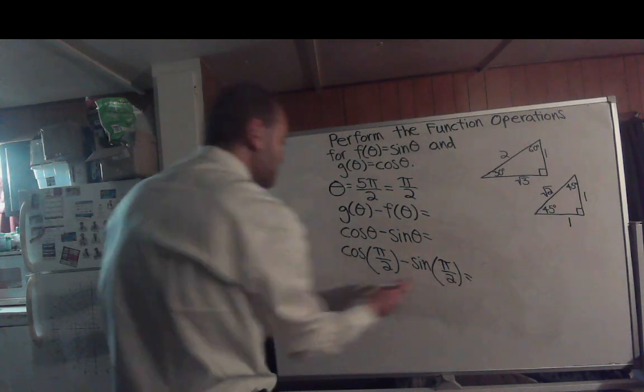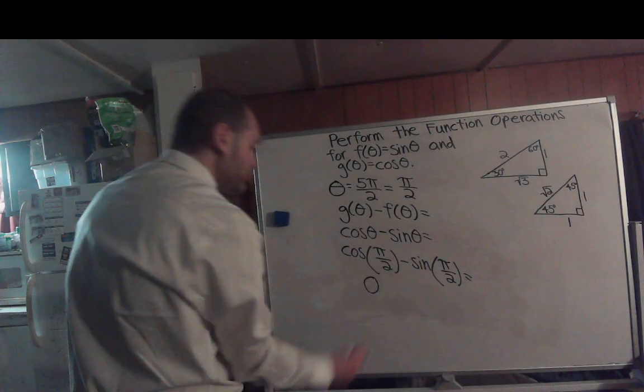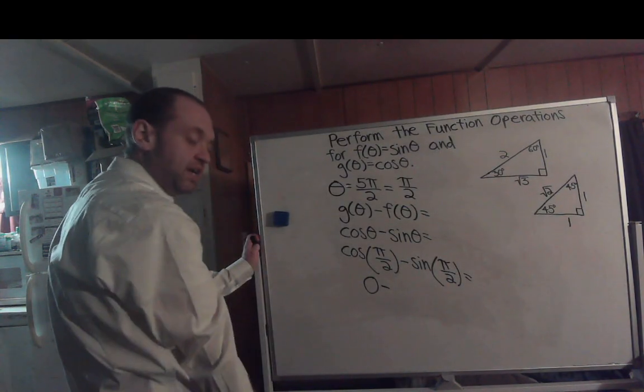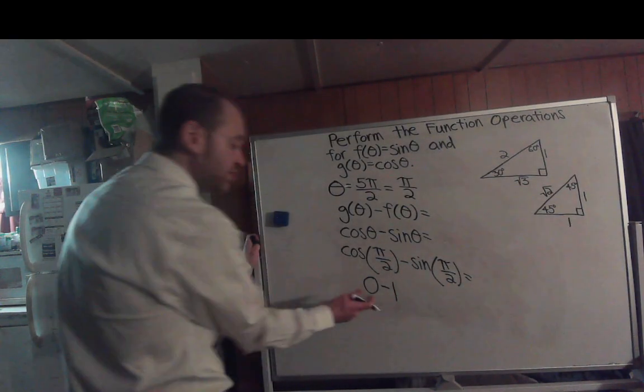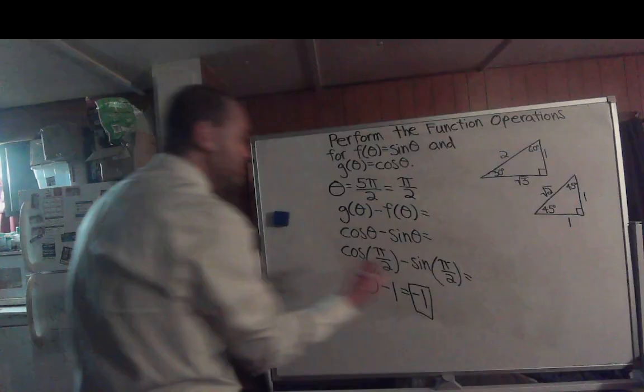Alright, so what is the cosine of pi over 2? That's just 0, right? And then minus the sine of pi over 2, which is 1. So you have 0 minus 1, which should give you an answer of -1.